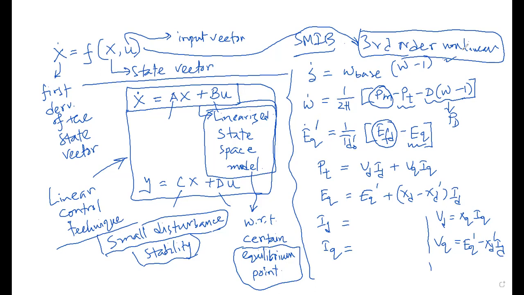So that's why fixing a certain equilibrium point while deriving a linearized model from a nonlinear model is imperative. In other words, we can say that the linearized state space model is only valid in the vicinity of a certain equilibrium point, okay? Let's look at some example, or at least one example for that.